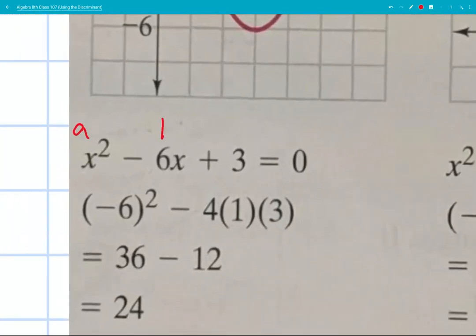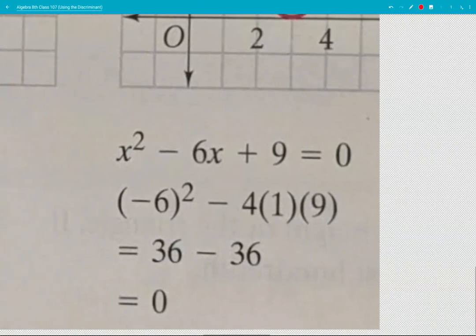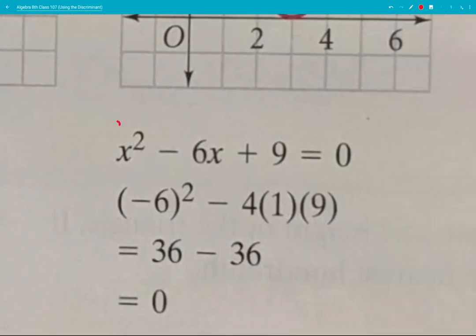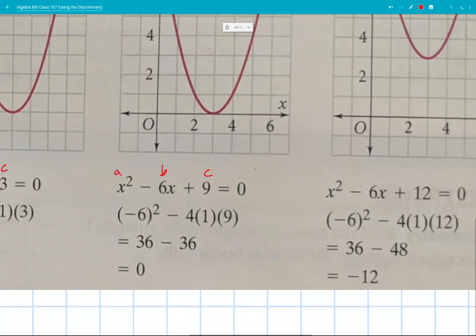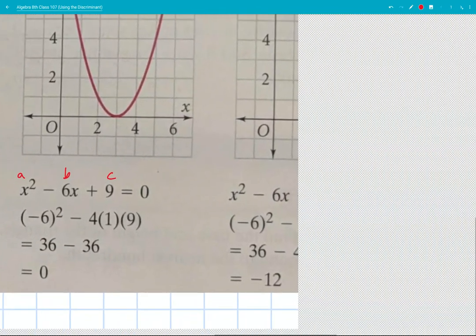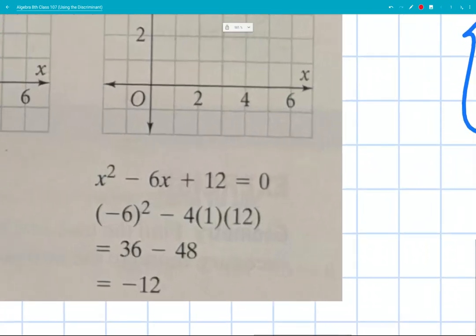B is negative 6, and c is 3. Again, we have a is 1, b is negative 6, and then c is 9 in this case. And now the last one, we have a is 1, b is negative 6, and c is 12, okay?